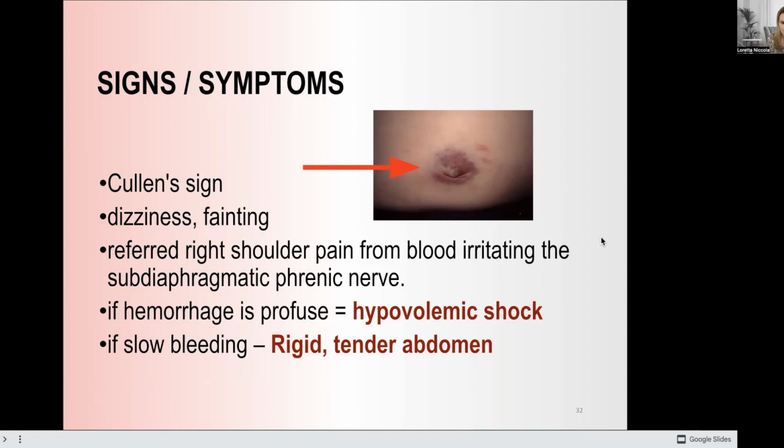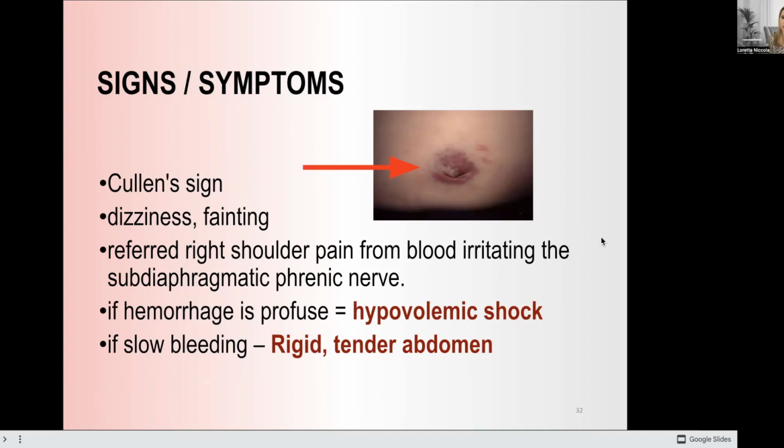If there is, she could have what we call referred right shoulder pain from the blood rising in the abdomen and putting irritation on the subdiaphragmatic phrenic nerve. So that phrenic nerve can be referred up to the right shoulder.